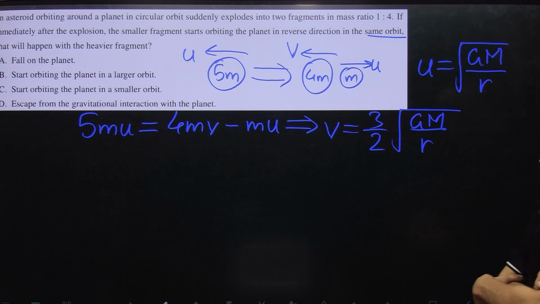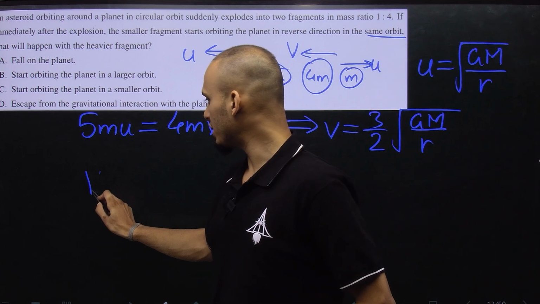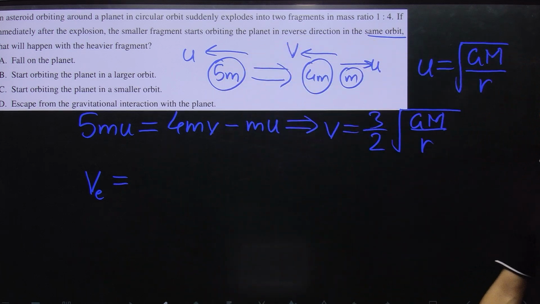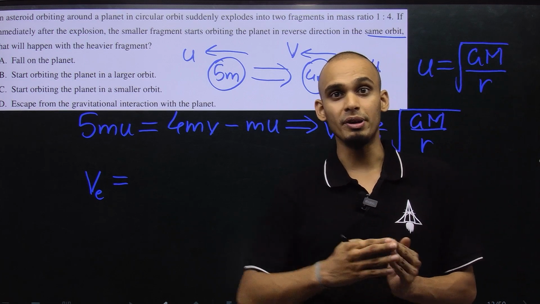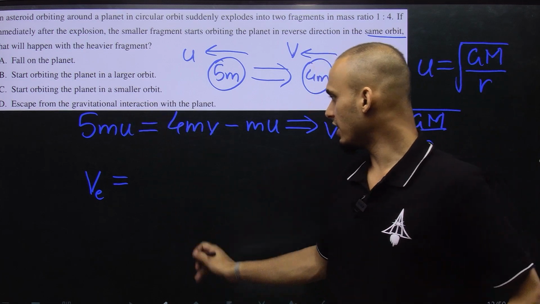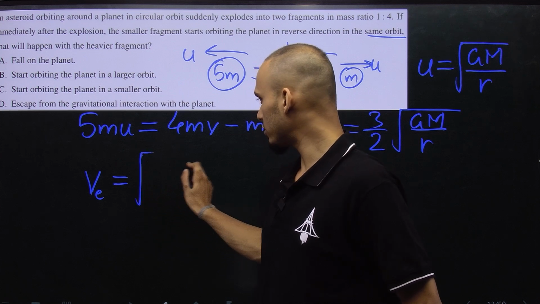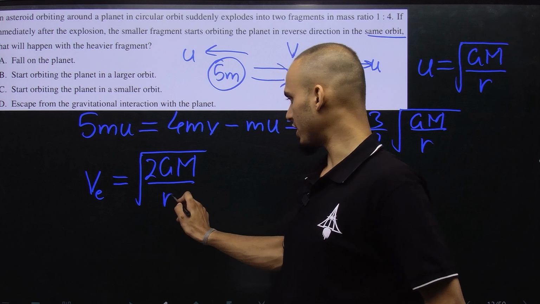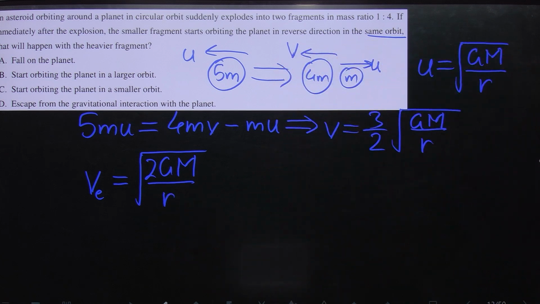Now we know that for any orbit of radius r, if we want to escape from that orbit towards infinity, we need a velocity of the square root of twice GM upon the orbital radius r. If we have this much velocity, then we will exactly be able to escape the gravitational pull of the planet.